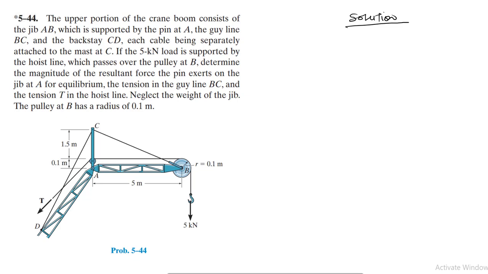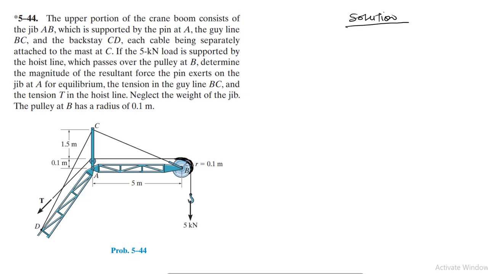Right. So one assumption that we need to make here is about the friction over the pulley, the friction between the cable and the surface where the cable is in contact with the pulley.